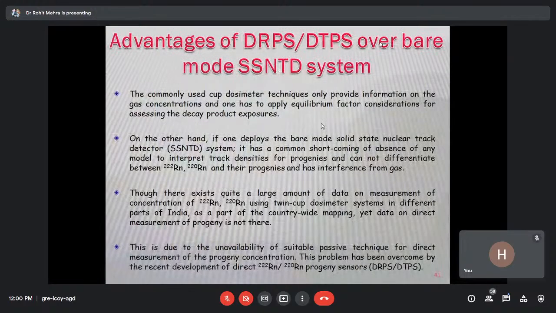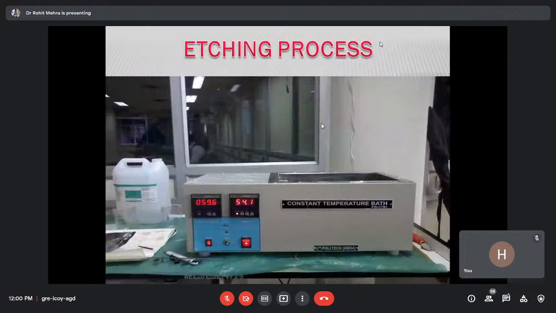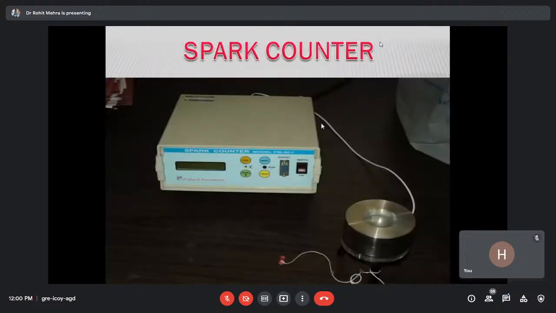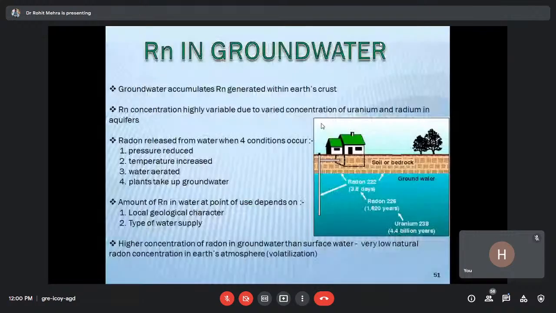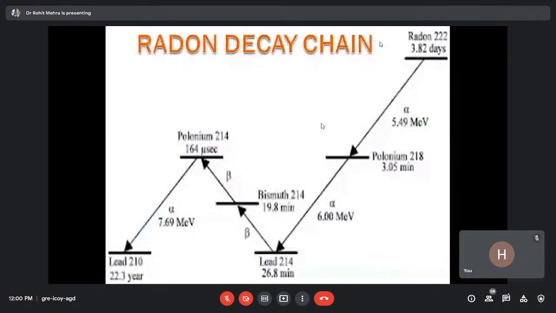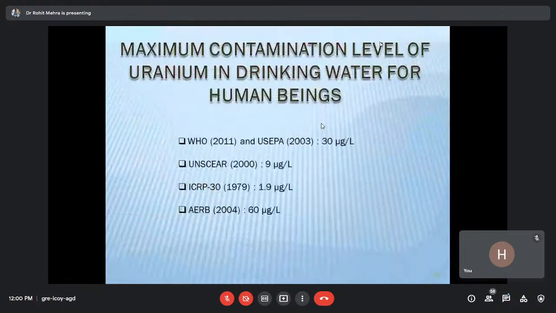So with this, these are the few instruments which are available in our labs. You could always use the facilities of these instruments. Regarding uranium in water, I would give you a little idea that there are some agencies who have given different contributions.